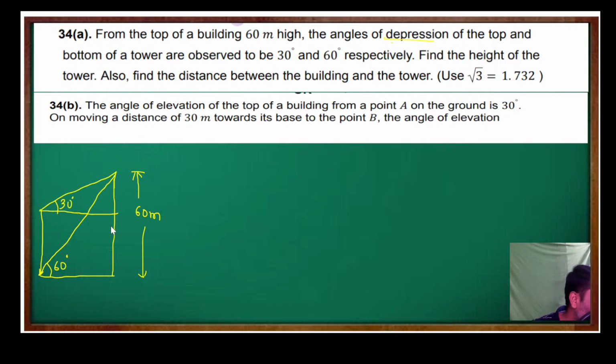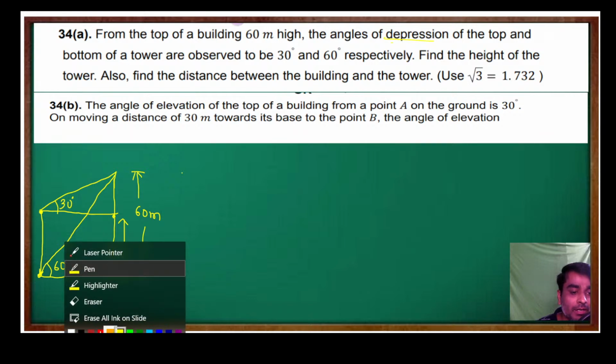They are asking you to find height of the tower. Tower is this, the smaller line. That means I need to find out h. If this complete height is 60, then what will be the upper part?